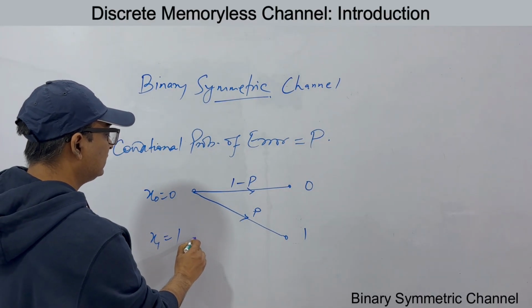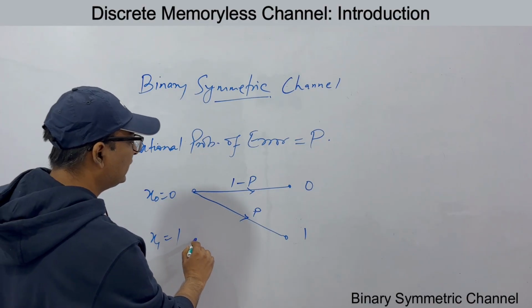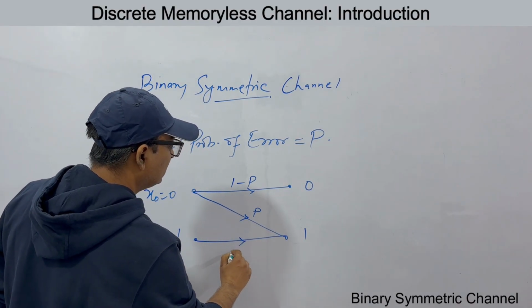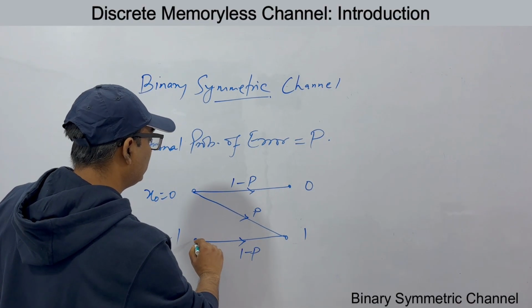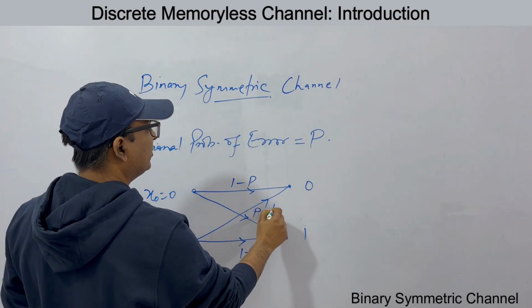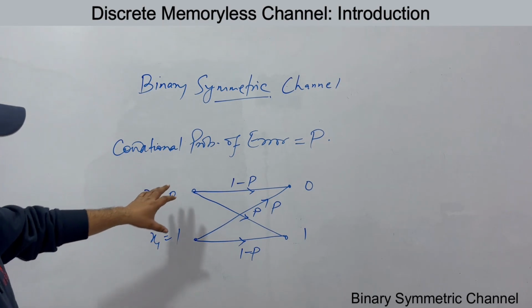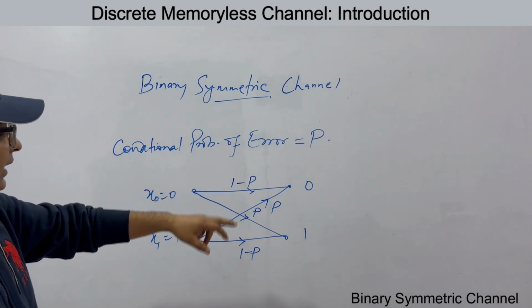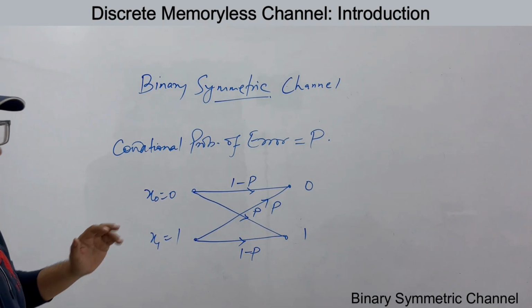Similarly, if you send 1 and get 1, the probability is 1 minus p, but if you send 1 and get 0, this will be p. So we'll have a diagram like this.